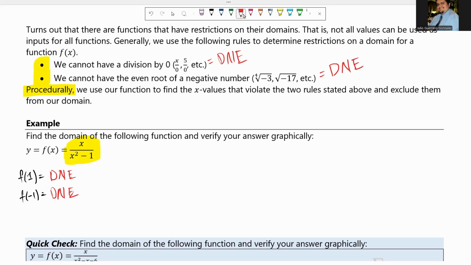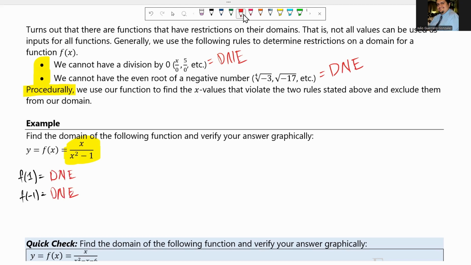Anywhere where you get a DNE, those are the two values that you kick out. But how do we figure that out without having to graph it? That is where we get our, there we go, that is where we're going to use our unfoiling process to find out.